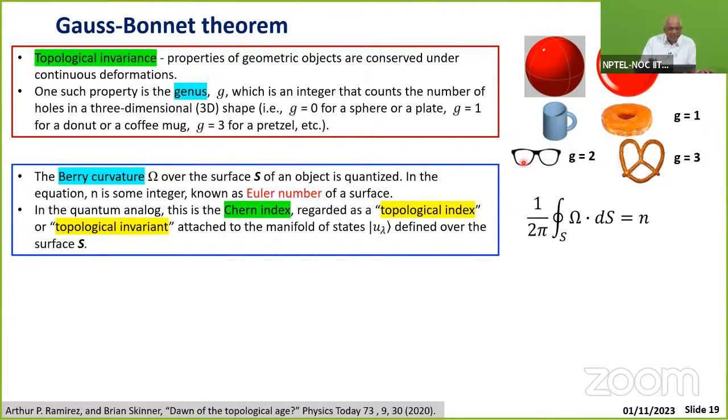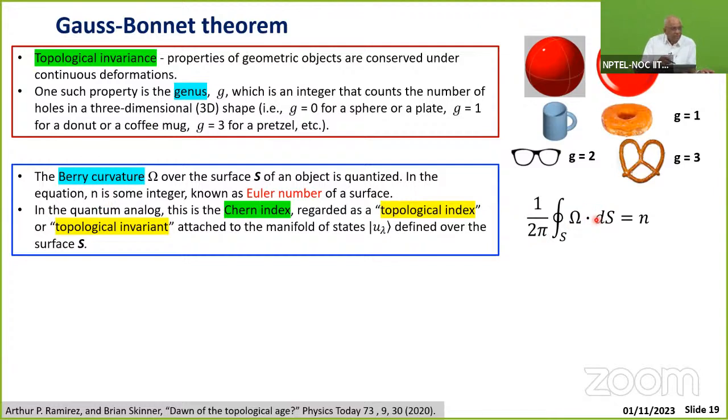So here we define a topological invariant looking at the curvature of that object. We define a Berry curvature over the surface of an object, also known as the Pancharatnam curvature. Actually, Professor Pancharatnam came up with this idea and proposed it a long time ago before Sir Berry refined it. So the Berry curvature over the surface of an object is quantized, and the integral of the Berry curvature over the surface is the Euler number.